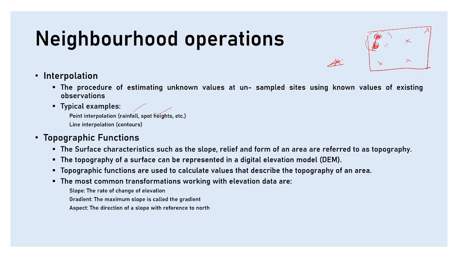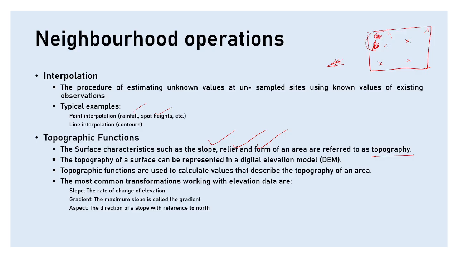Then we have the topographic functions. The surface characteristics such as the slope, relief, and form of an area are referred to as topography. When you talk about a topography map or whatever it is, you're actually talking about the slope, relief, and what kind of area it is.